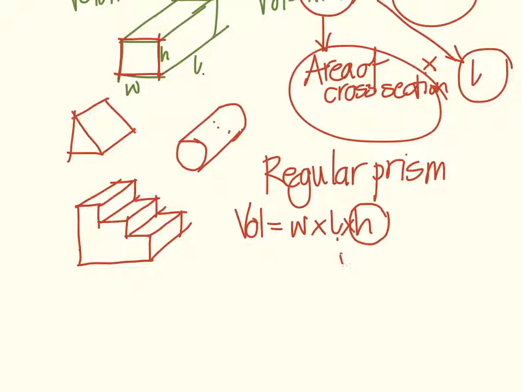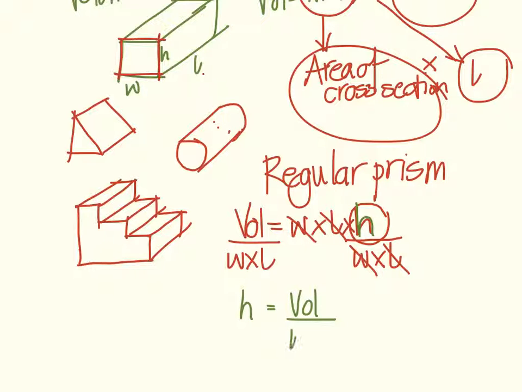So what we will do is divide both sides of the equation by width times length, and that cancels them off this side, leaving our height on its own, and gives us a new equation of height equals volume divided by width times length.